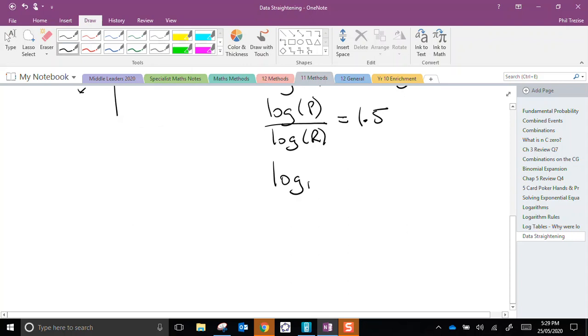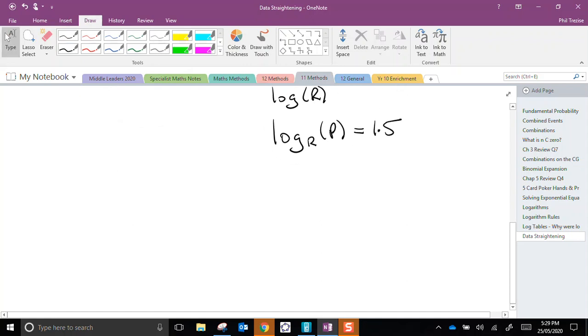That is log base R of P equals 1.5. And writing this as a power, I would have R to the power of 1.5 equals P. Yes, I think Kepler put P first, but it really doesn't matter, it's the same thing.